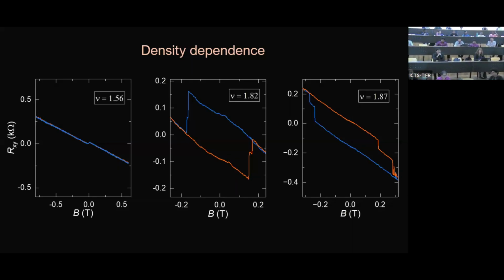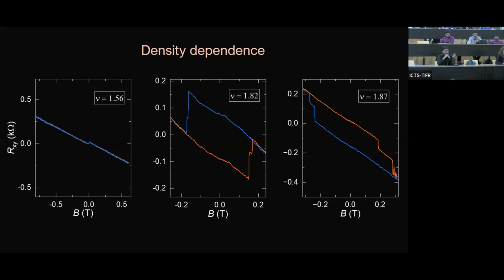So my question is about the antisymmetric resistance, like these hysteresis. So all these are for the perpendicular magnetic field, right? Mm-hmm. Up to what magnetic field did you sweep? These are more than 500 millitesla, and the right ones are around 200 millitesla.